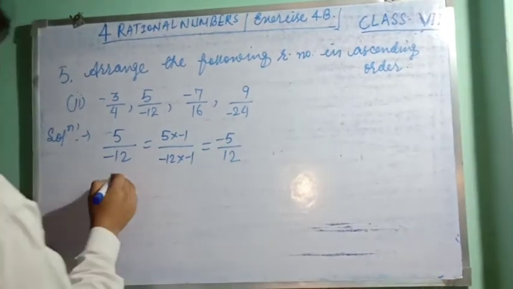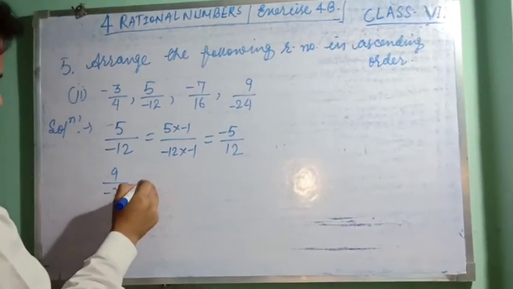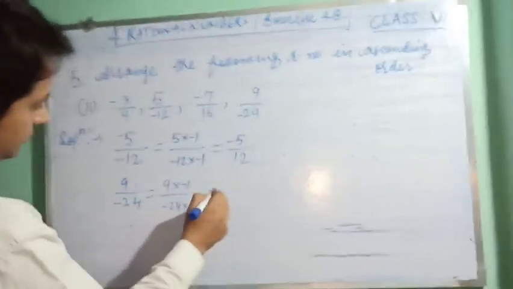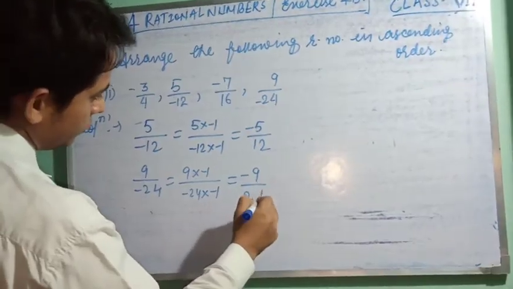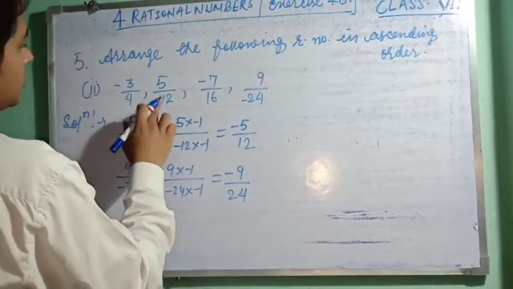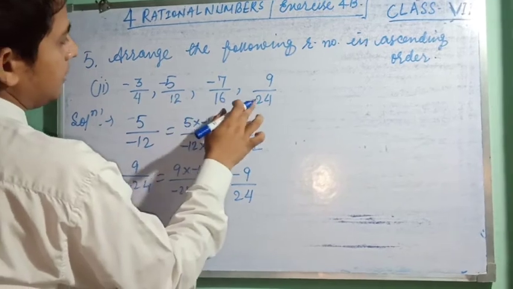Now next, for 9 upon minus 24. Now 9 multiplied by minus 1, minus 24 multiplied by minus 1. This is minus 9 upon 24. That means directly we can write minus 5 here and this is minus 9.